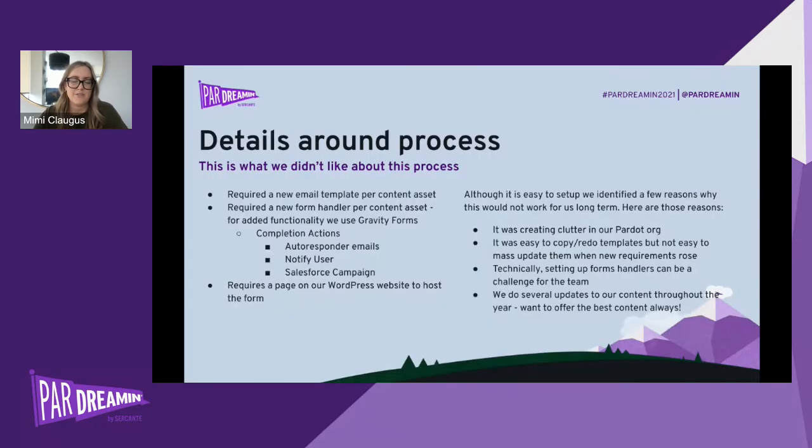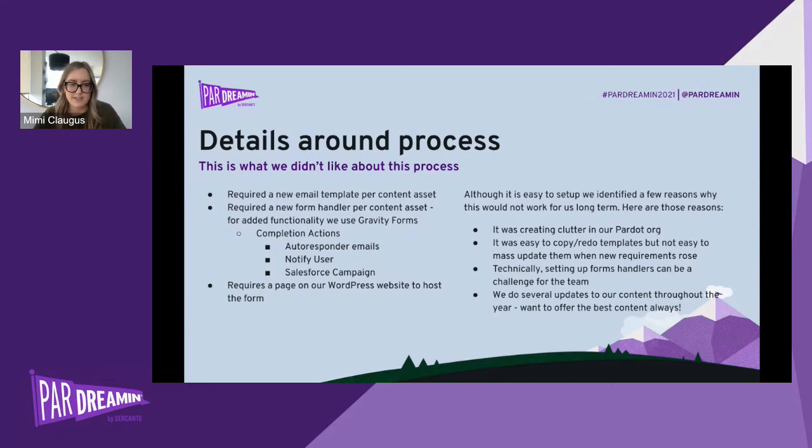And around that process, here are a few things that we didn't like and that weren't particularly sustainable. Each time we were sending out a piece of content, we needed a new email template per asset, which as we were scaling up started to be a lot and a little unruly. Additionally, we use form handlers with Pardot, and we use Gravity Forms through WordPress.